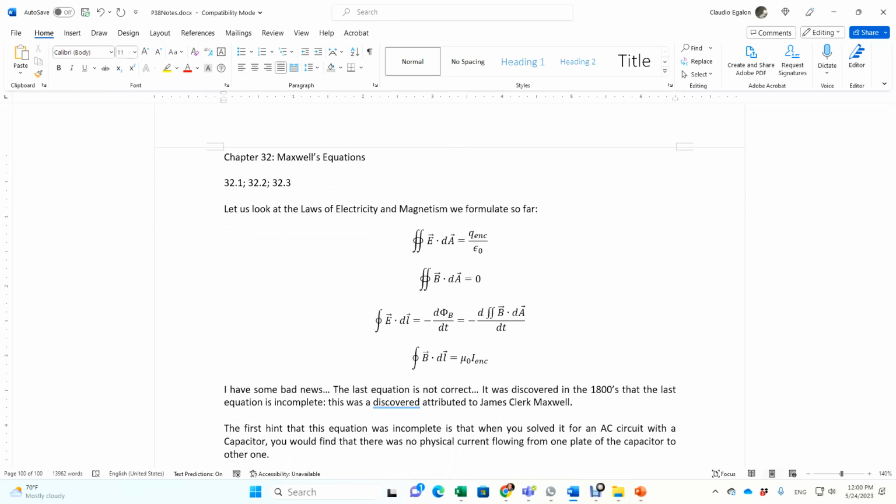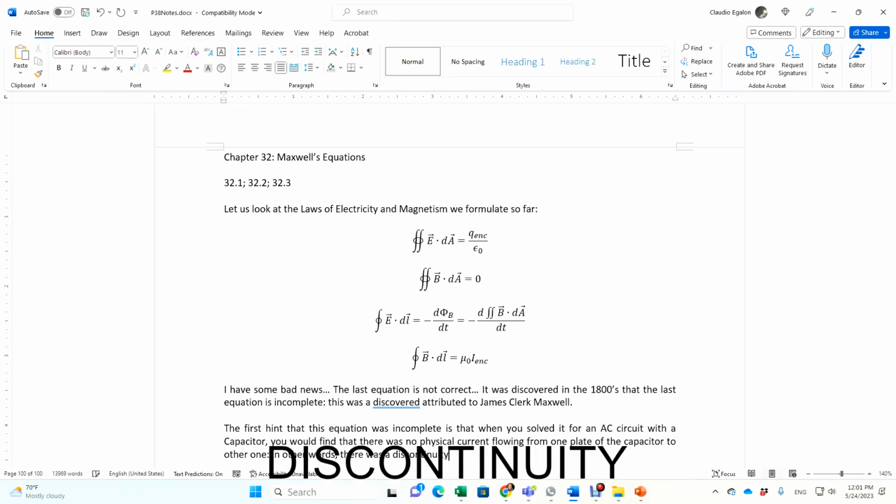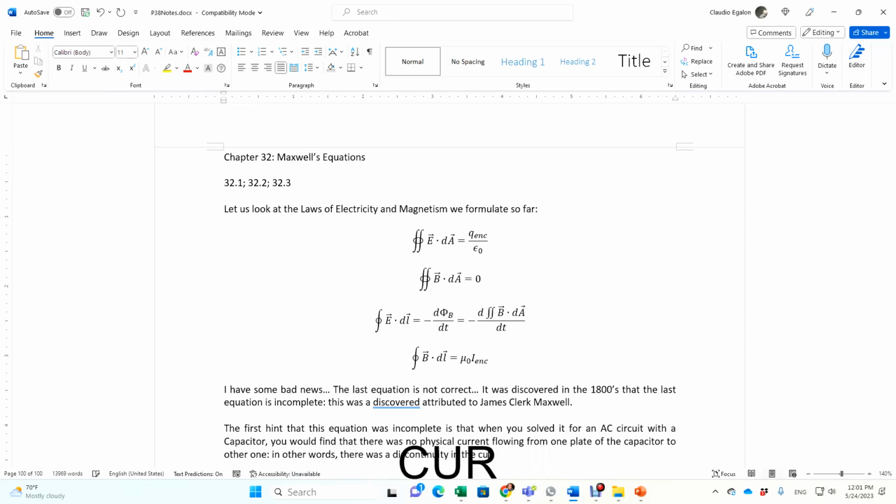In other words, there was a discontinuity in the current between the plates.